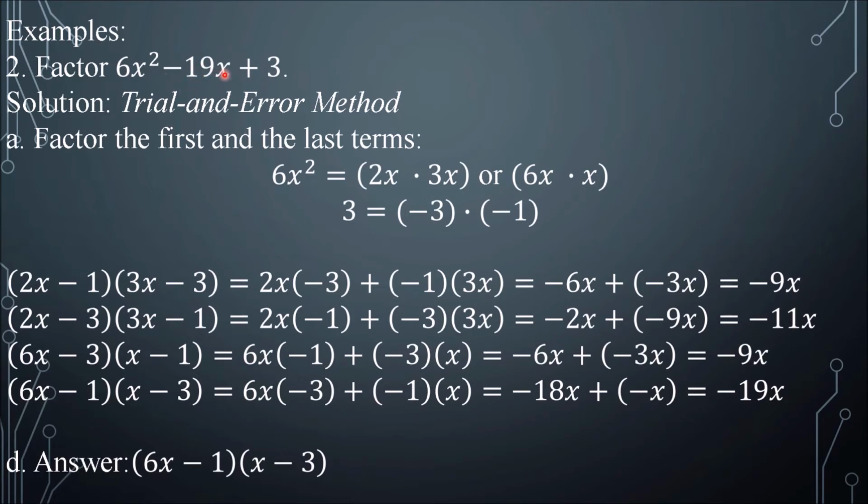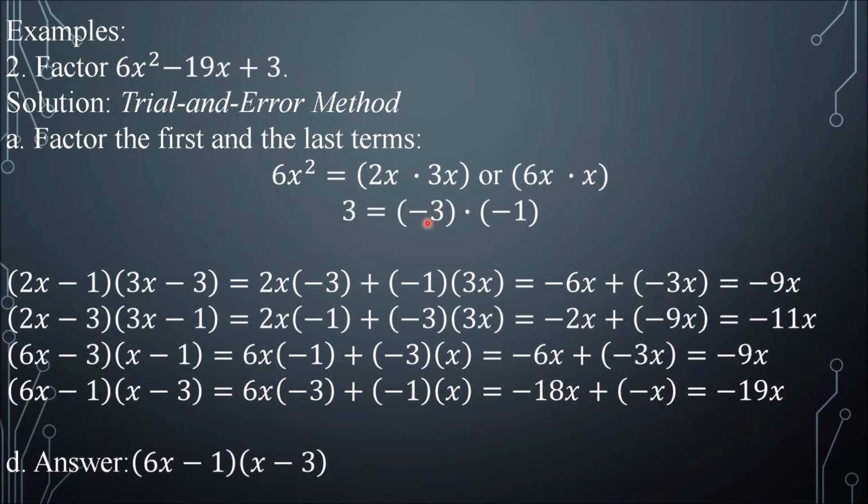Negative 19x is the middle term. So next pair, we have 6x minus 3 times x minus 1. So we have 6x times negative 1, and negative 3 times x. Simplifying, negative 6x plus negative 3x, we have negative 9x, which is also wrong. Next, last pair, 6x minus 1 times x minus 3.